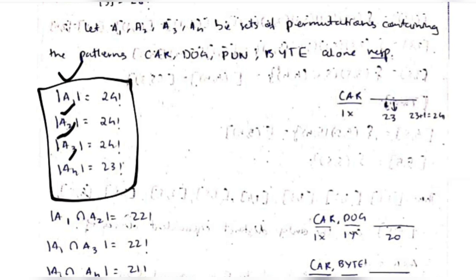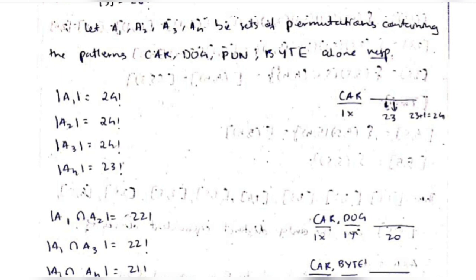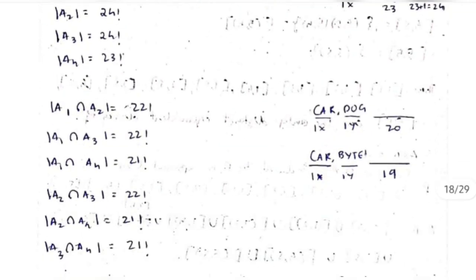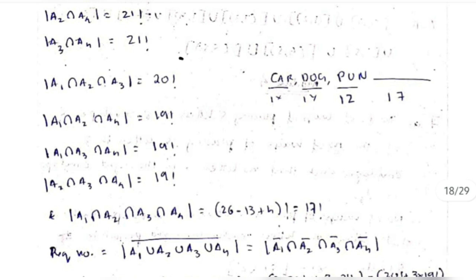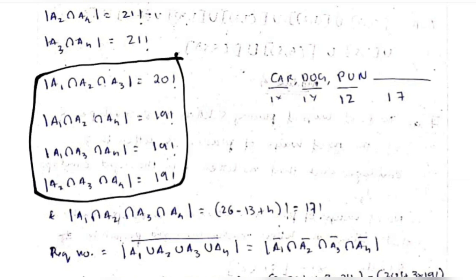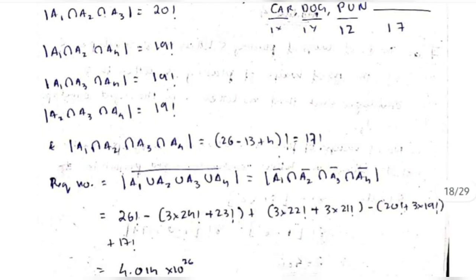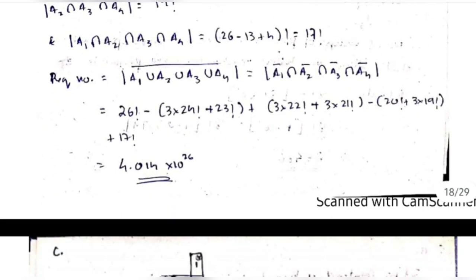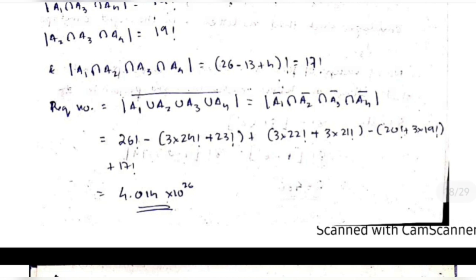Then we will use minus the sum of all of these, then again plus the sum of these, then minus this one, 17 factorial. That's the formula: 26 factorial, minus this, plus 3 taken together, minus 4 taken together.